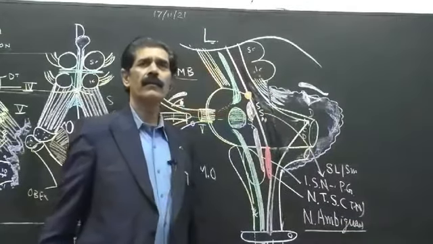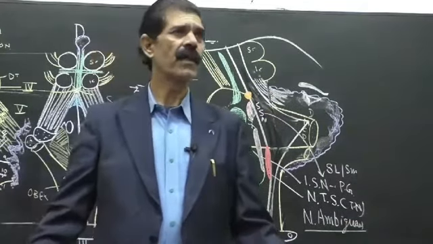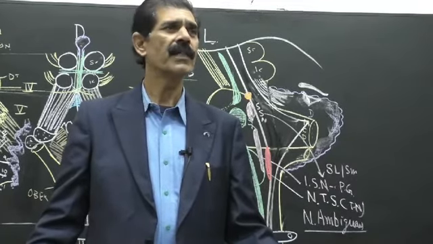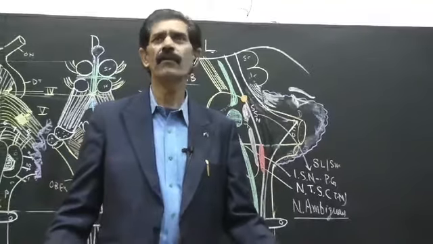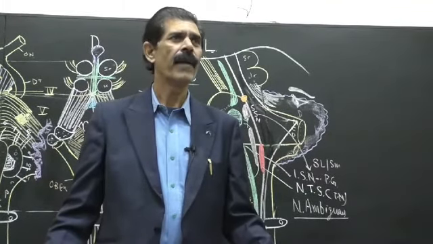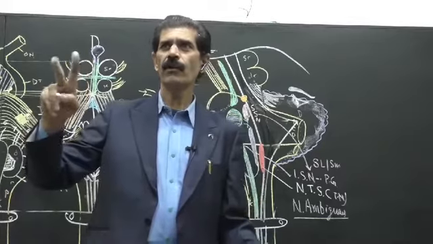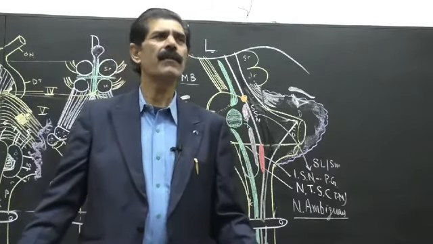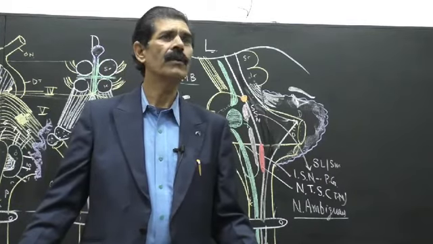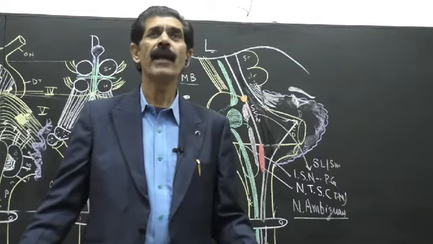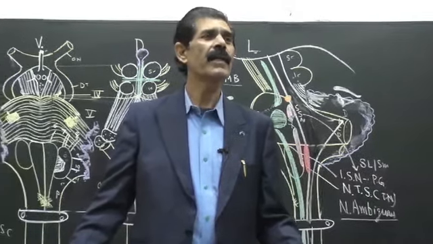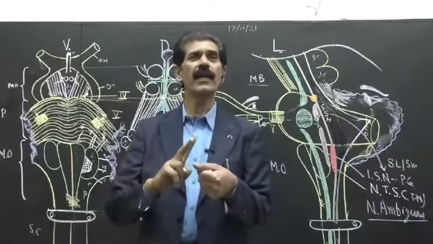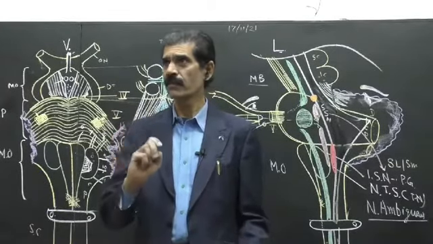So whenever the word nucleus ambiguus comes, what is the dictionary meaning of ambiguous? Anybody know? The Oxford Dictionary meaning of ambiguous is different from what we are doing in the medical term. Ambiguous means having 2 thoughts at a time. So here, if anybody asks you what is nucleus ambiguus, you should know that this nucleus is a, write down in capital letters or underline it, a motor nucleus for laryngeal, pharyngeal and palatal muscles.